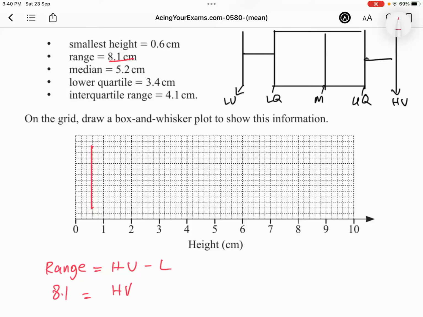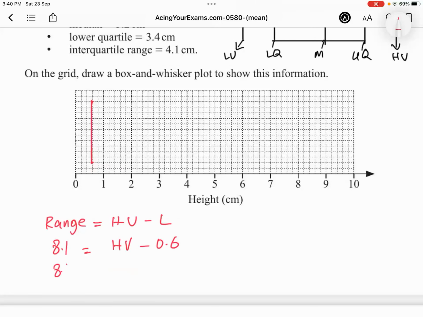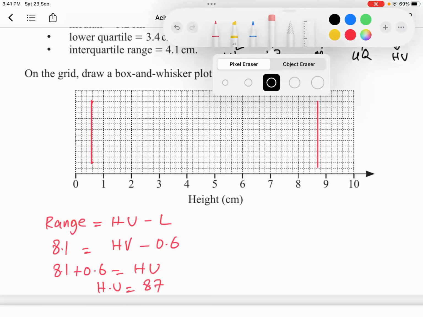Highest value is unknown, whereas we have the lowest value which is 0.6. 8.1 plus 0.6. So the highest value is 8.7. It was not given in the question. So 8.7 is after 8.6 and 8.7. Yeah. So let me just adjust the line.